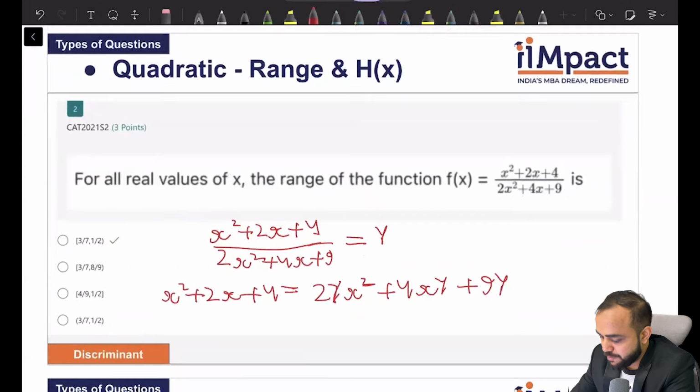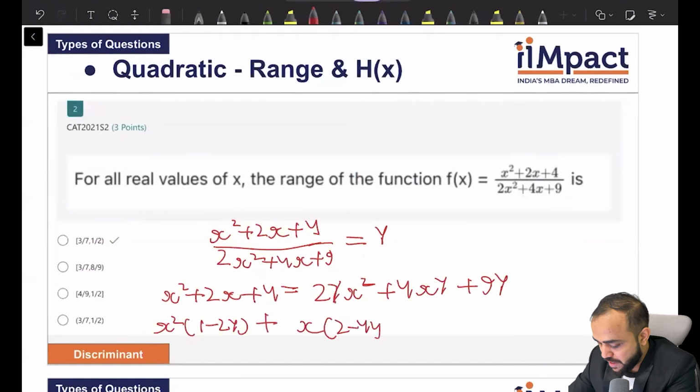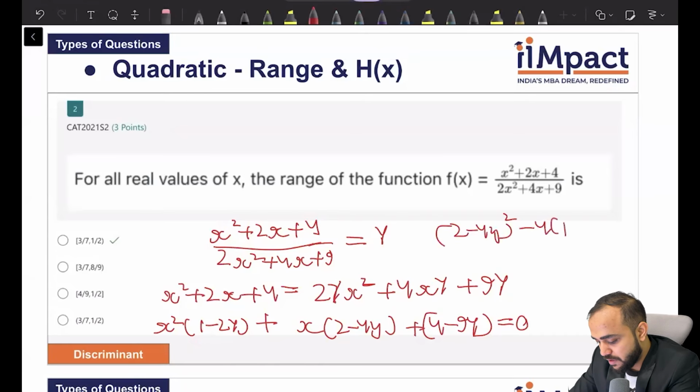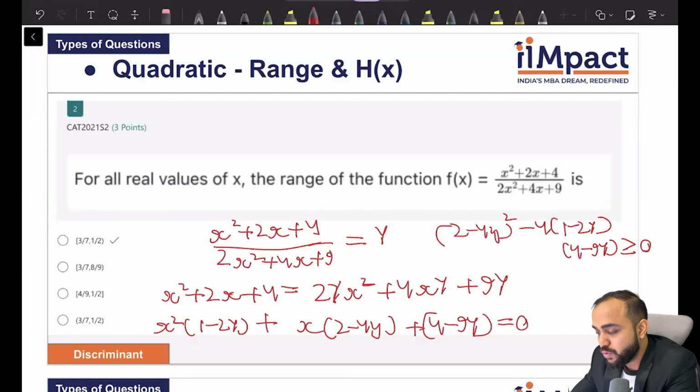Now if I write it back, I'll get x square times 1 minus 2y plus x times 2 minus 4y plus 4 minus 9y is equal to 0. The discriminant for this quadratic in x should be greater than or equal to 0, which means 2 minus 4y whole square minus 4 times 1 minus 2y into 4 minus 9y should be greater than or equal to 0.